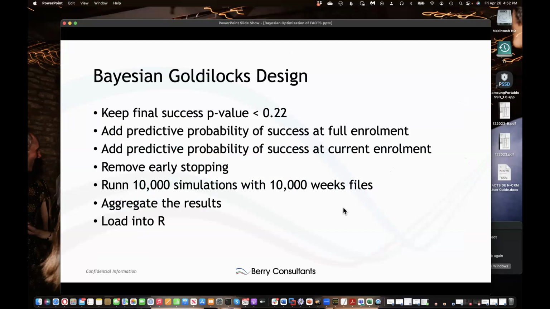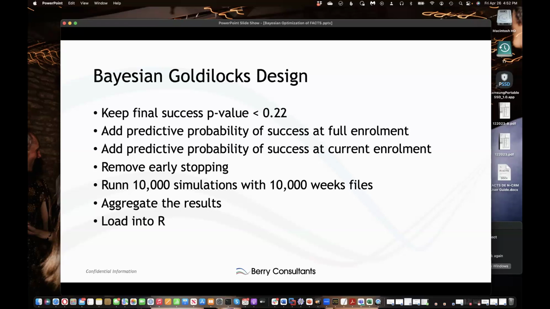So now can we use my R code to do something similar with a Bayesian endpoint? So I keep the final success value as P, should be an O in there, of course, that should be 0.022. And we're going to add, instead of testing p-values at the interims, we're going to test Bayesian predictive probabilities of success. And we'll have a Bayesian probability of success at full enrollment and a Bayesian probability of success at current enrollment.